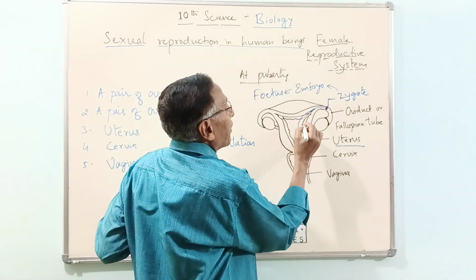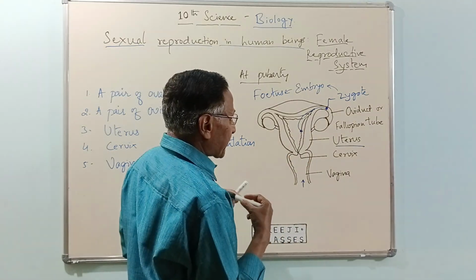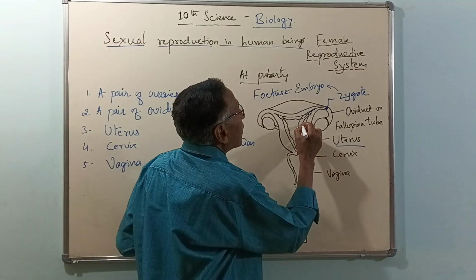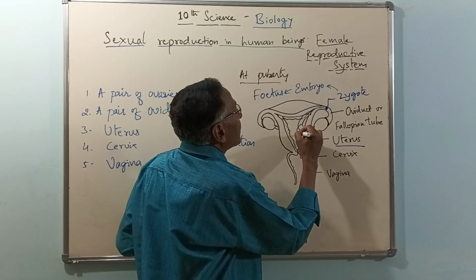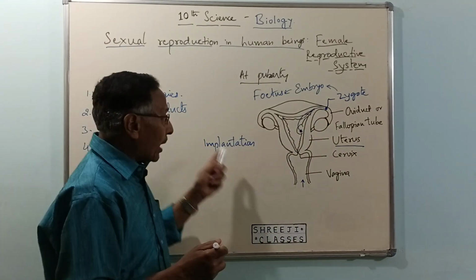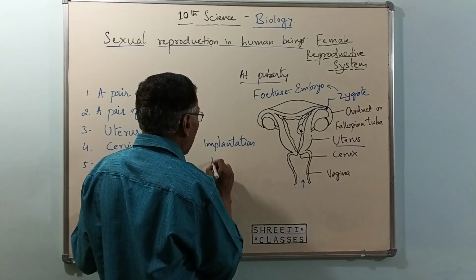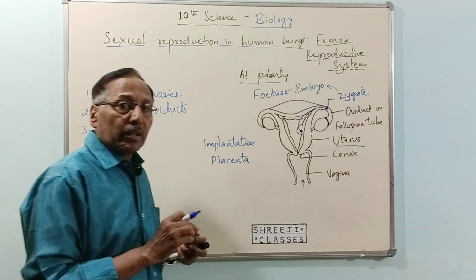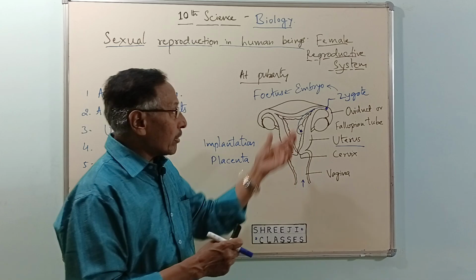Now, after it implants here, a disc-like structure develops around the fetus, which is called the placenta.